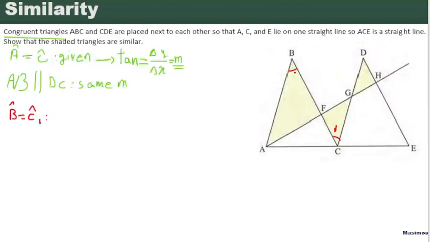I have to write: because they are alternate angles. If we look here, they make a Z shape between two parallel lines.